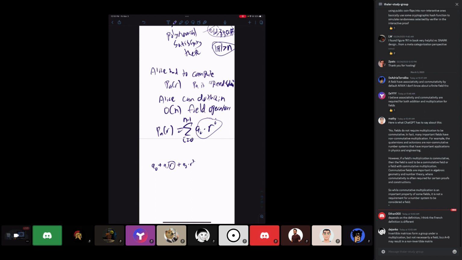From R, she can get R squared with one multiplication, R times R. Then from R squared, she can get A2 times R squared with one multiplication, and one addition adds it to the sum. Then she has R squared in her head, so from R squared with one multiplication she can get R cubed, multiply that by A3 and add it to the running sum. Now she has R cubed in her head, so from that she can get R to the fourth with one multiplication, and you get the idea.